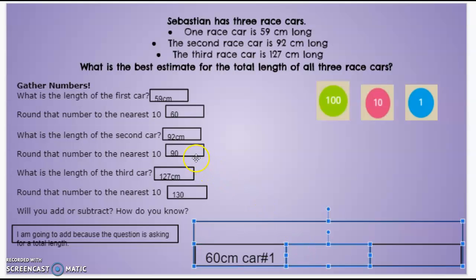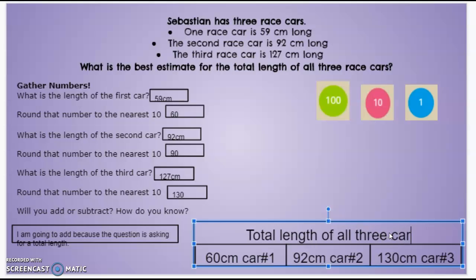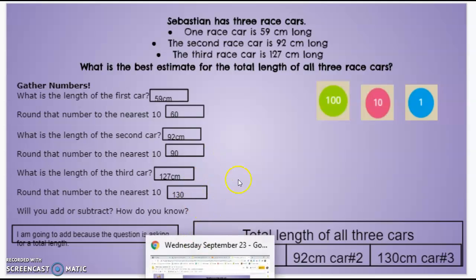The second car rounds to 90 centimeters. And the third car rounds to 130 centimeters. This would be my total length of all 3 cars. That's what your strip diagram would look like.